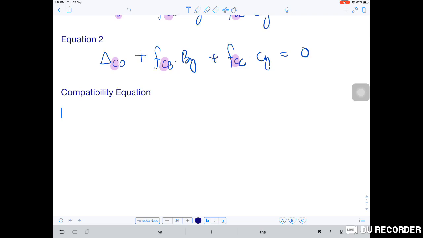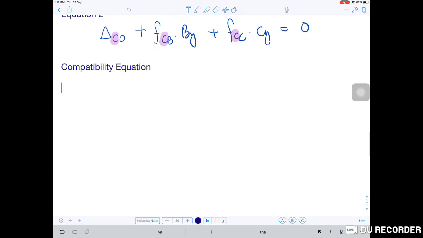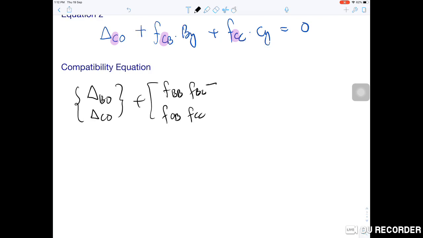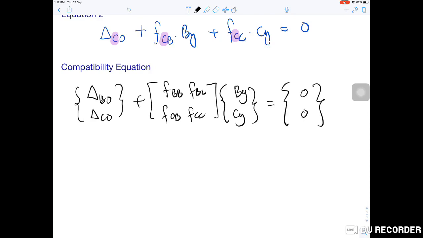For a two redundant system, it is like this: delta B naught, delta C naught, plus FBB, FBC, FCB, FCC, times BY as the first redundant and CY as the second redundant, and this is equal to 0 in the actual beam.